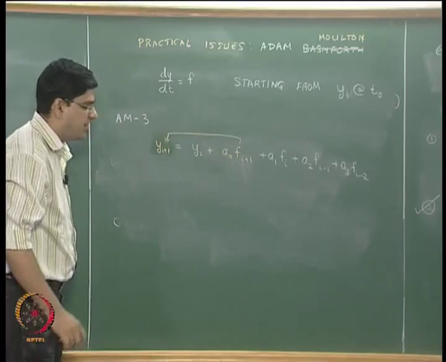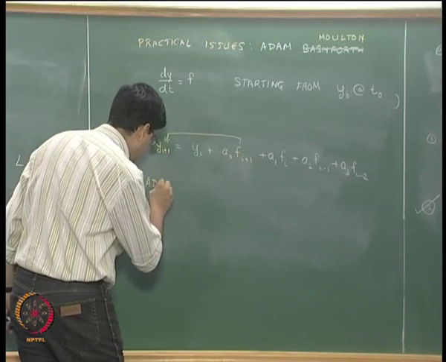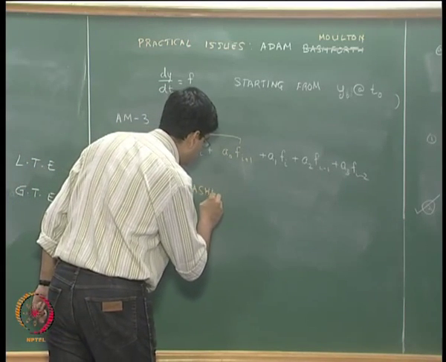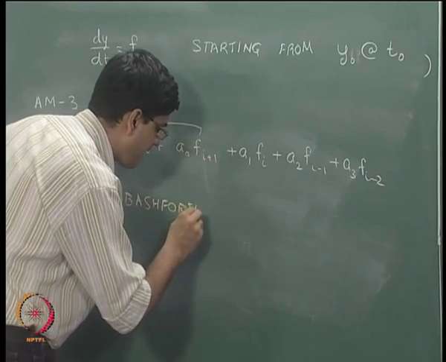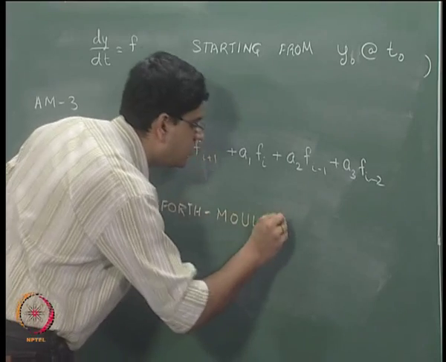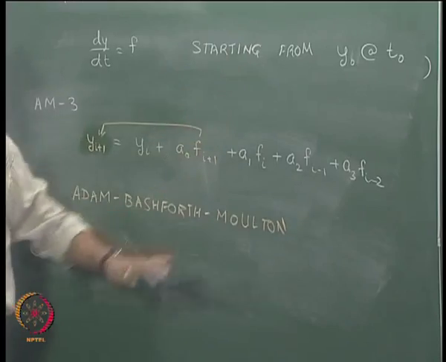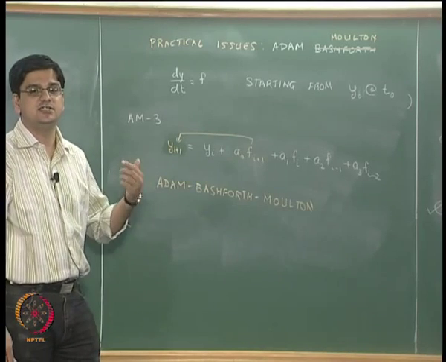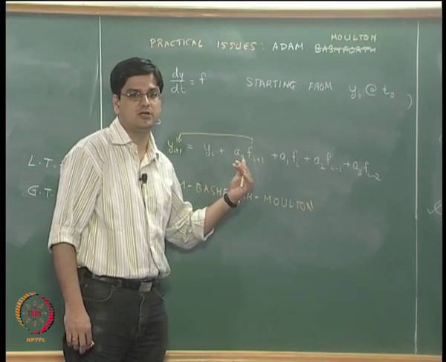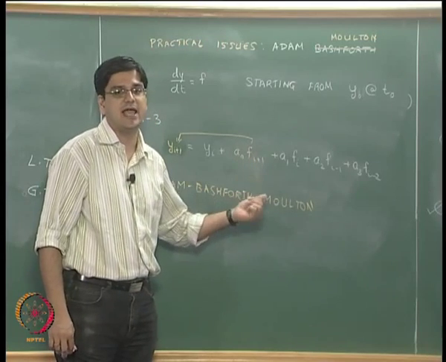Okay. And finally we come to the last technique, and that is known as Adam-Bashforth Moulton method, and the relationship between Adam-Moulton and Adam-Bashforth method is the same as the relationship between the predictor corrector Heun's method and the implicit Crank-Nicholson method.